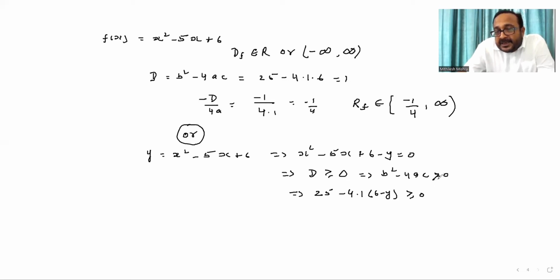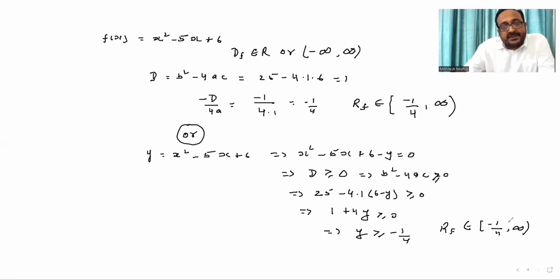It will be 25 - 24 + 4y greater than or equal to 0, or 1 + 4y ≥ 0, or y is greater than or equal to -1/4. The same answer. So range will be -1/4 to infinity. That's right.